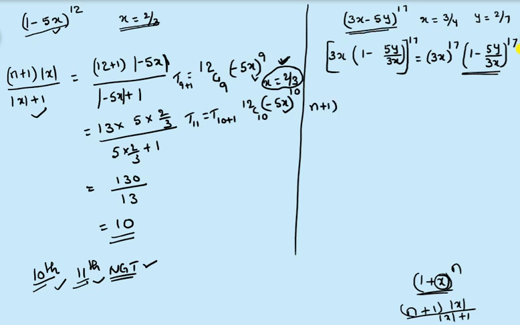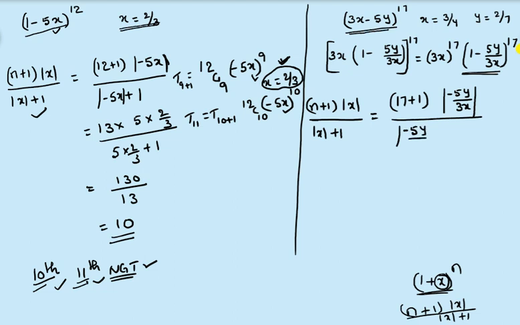Now I find out (n + 1) into |x| divided by (|x| + 1). That is equal to (17 + 1) into modulus of (-5y/3x) divided by modulus of (-5y/3x) plus 1.